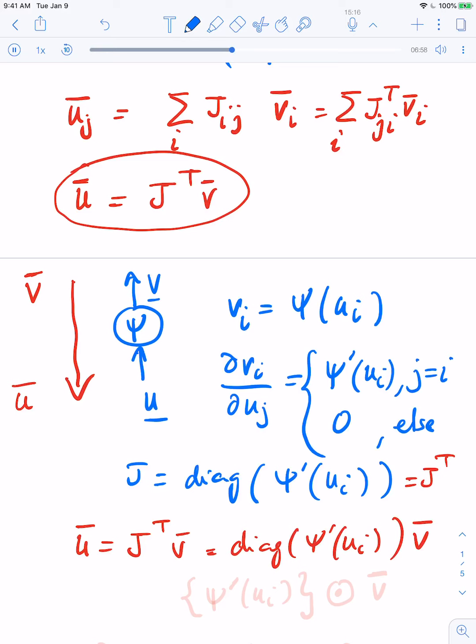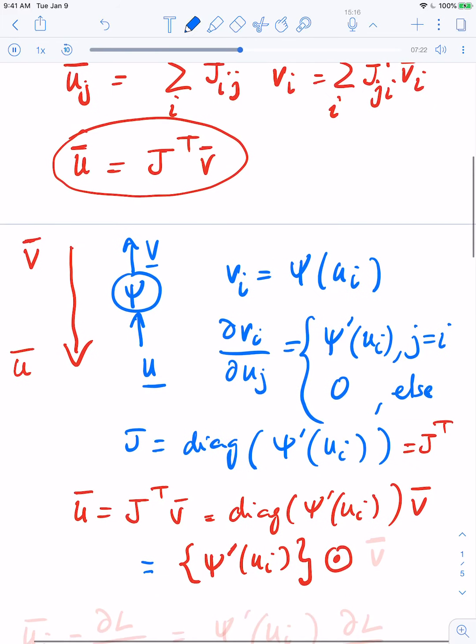All that's happening is that the ith term is getting scaled by psi prime. So I can also write it in a simpler way as the vector of these psi primes, thinking of the psi primes as just a column vector, and I can do a term by term product.